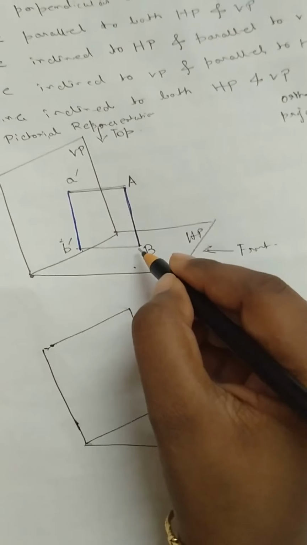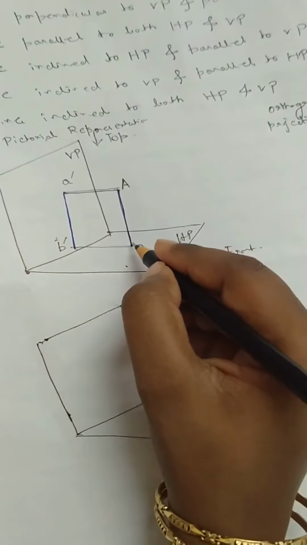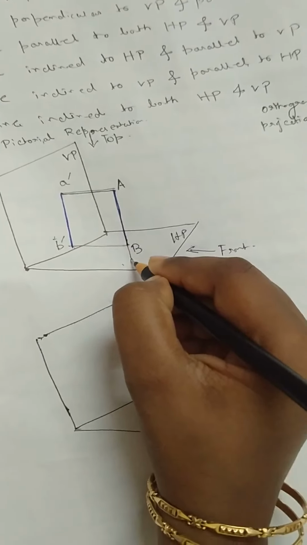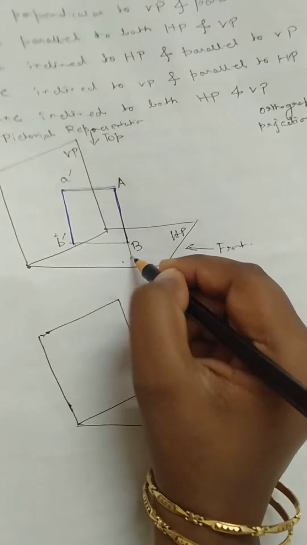How will it look when you see from your top? It will make a point, nothing else, because A and B will be overlapping on this point.